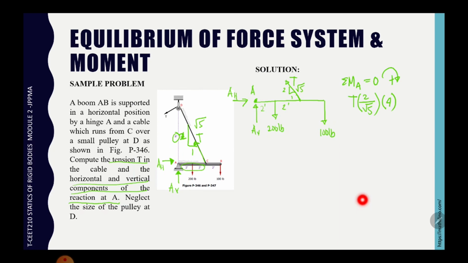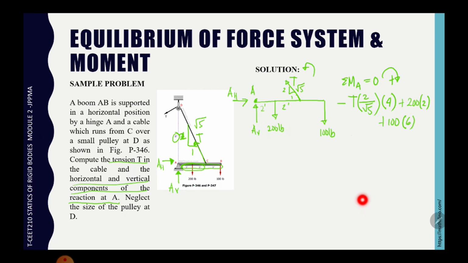Okay. And, also, dito sa, magiging, ang direction niya is pa ganito. Kaya, negative siya. Tapos, dito naman sa 200 plus 200 times 2 and plus 100 times, ang distance niya ay ito, 6. 100 times 6.